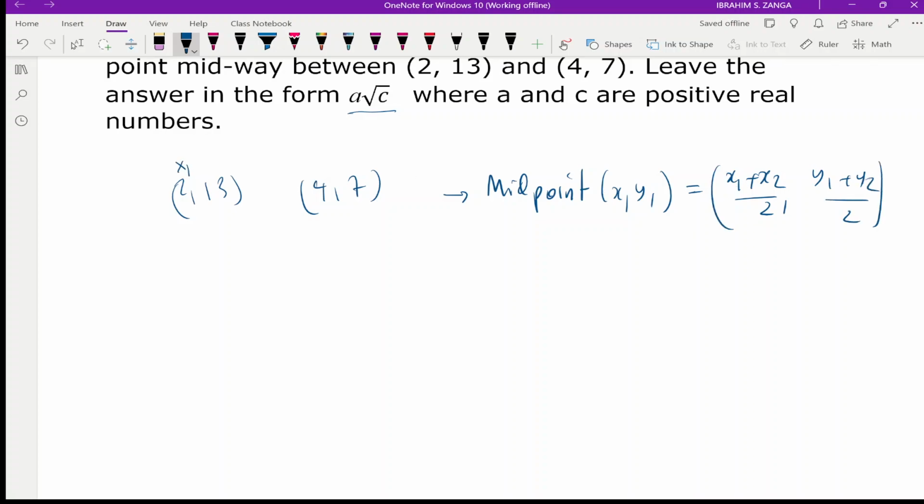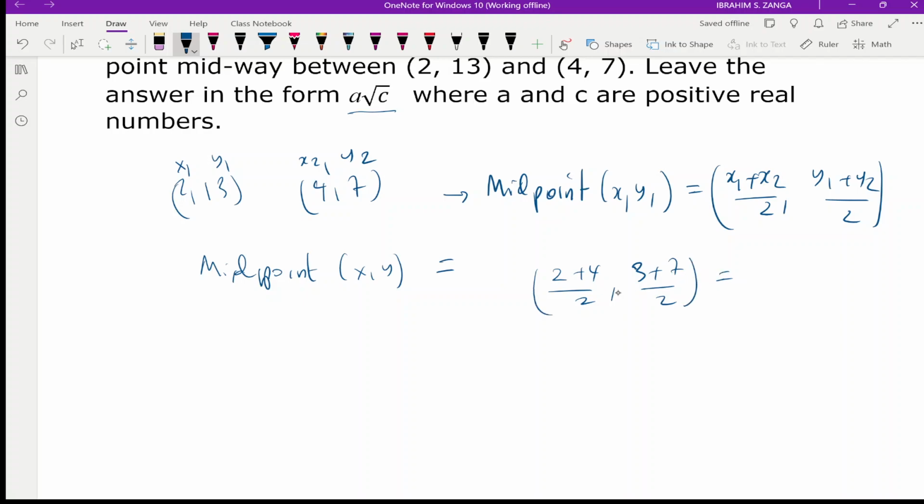So you assume these to be x1, y1, x2, y2. Eventually the midpoint x, y will be 2 plus 4 over 2, 3 plus 7 over 2. So we get 6 over 2, which is 3, and 5.